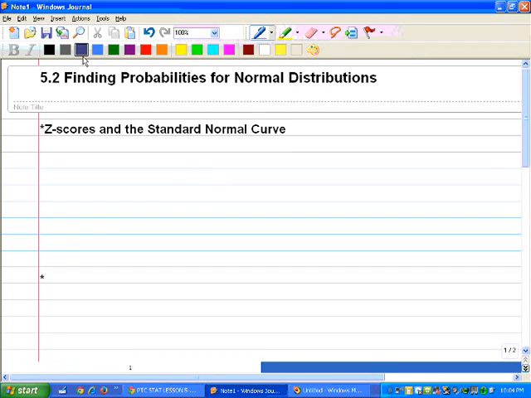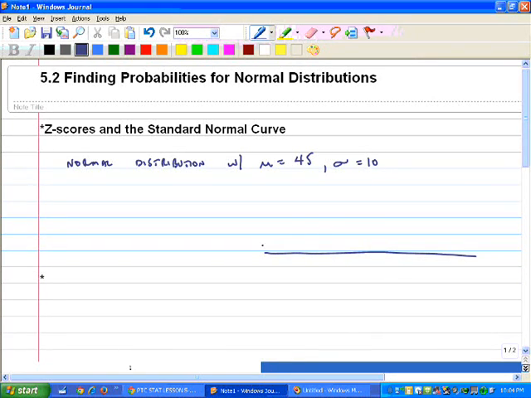For instance, if we had a normal distribution with mean 45 and standard deviation 10, the normal curve for the distribution is a bell-shaped curve with the mean 45, and one standard deviation is 10 units.